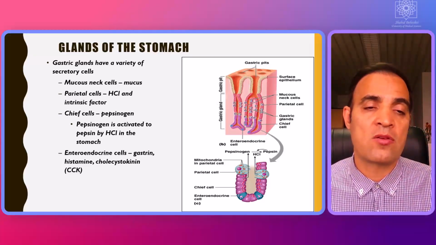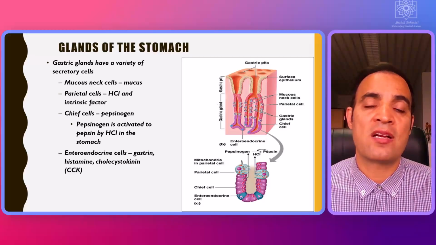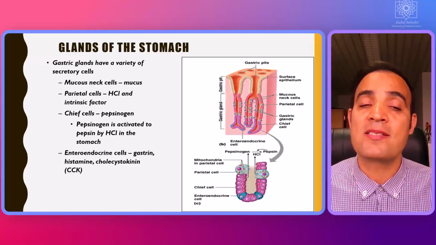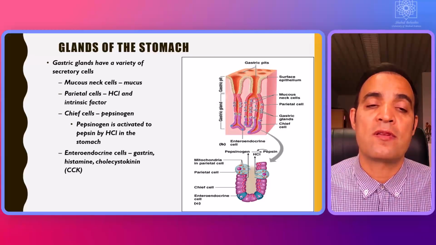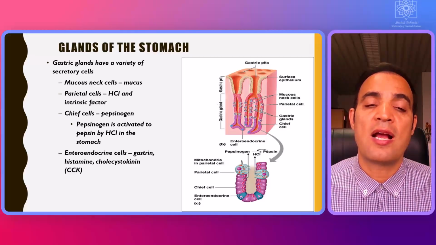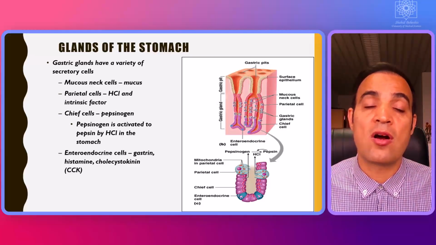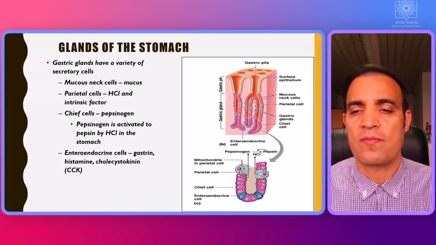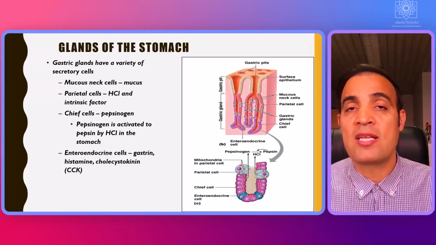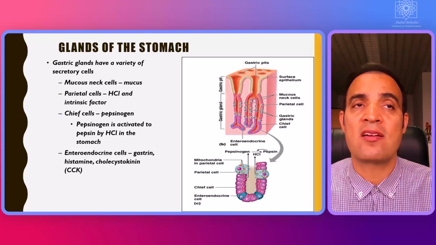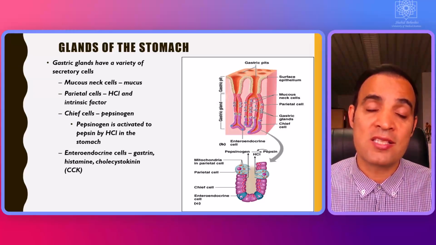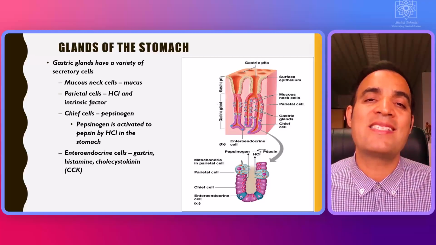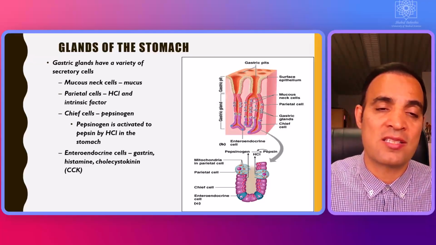You know that endocrine cells that we have in the gastric gland release gastrin, cholecystokinin, and these are responsible for the regulatory mechanism that I told you before. There are also enterochromaffin-like cells that release histamine. Histamine is a main regulator for acid secretion in the gastric lumen.